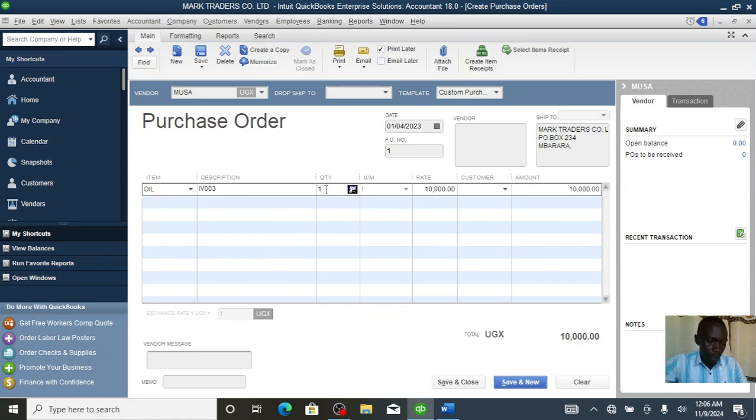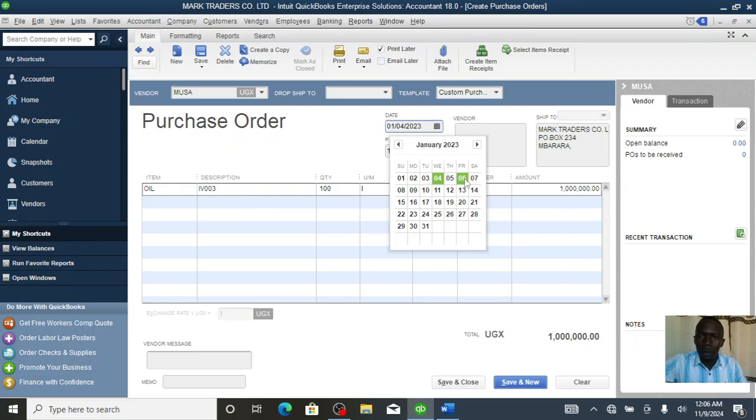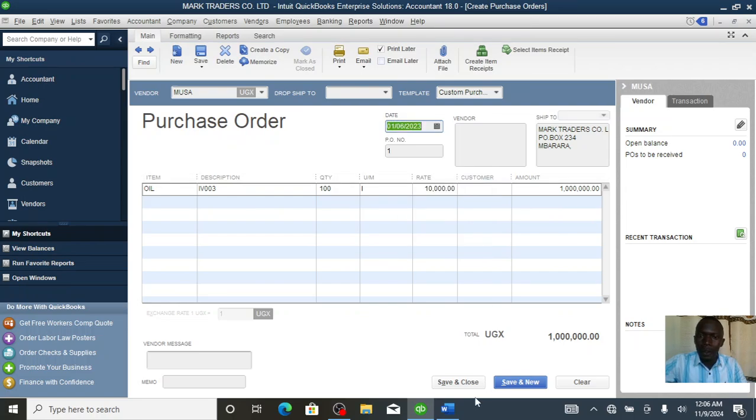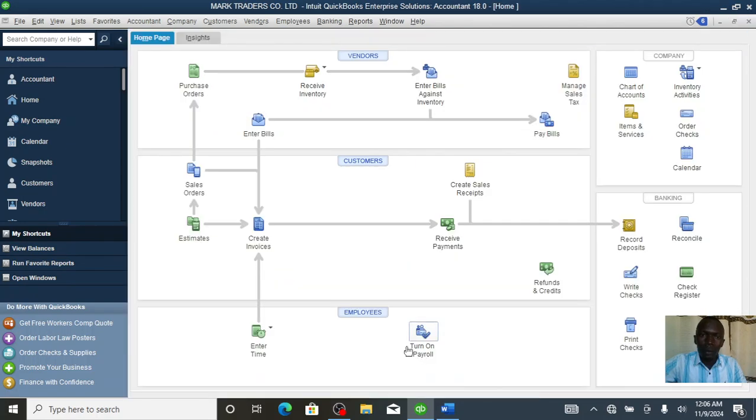The quantity was 100. The date is 6th. Say save and close. So we go to receive inventory, but we shall receive it with a bill.